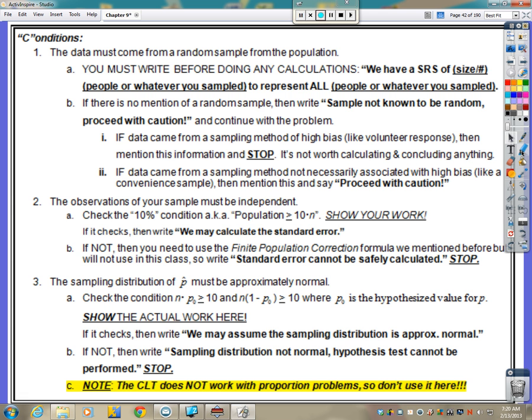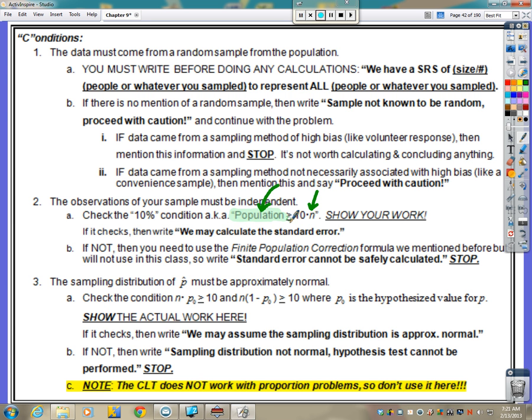You still need to check if the population's at least 10 times your sample size. And you do need to state specifically in context, what is your population? It's all what? Typically, when the problem tells you what the n value is, usually right after that, whatever they sampled, that's what you also need to say in terms of all for your population.